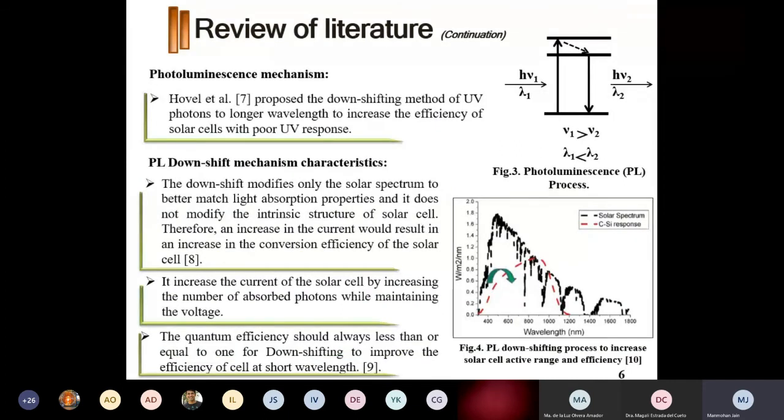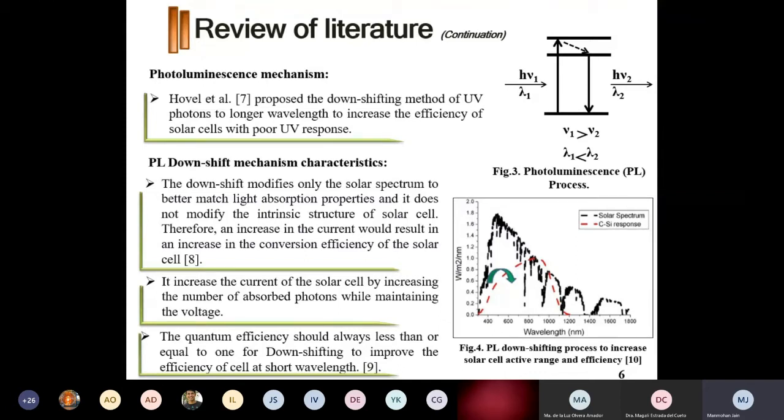If we talk about the photoluminescence mechanism, then Oval et al. proposed the downshifting method, firstly for the UV photons to convert them to longer wavelength to increase the efficiency of the solar cell. The phenomenon of absorption of photons and subsequent emission of light is termed photoluminescence, as we can see in figure 3.